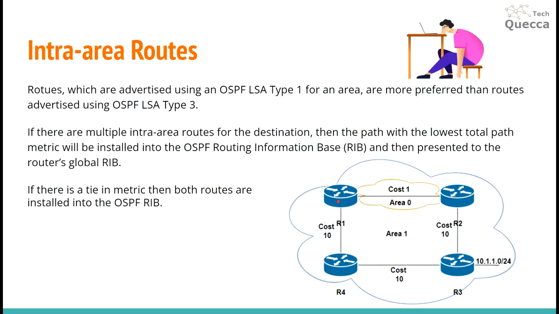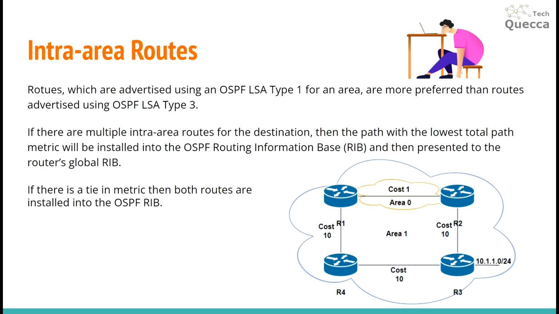So even though this route is much slower than this one, we will see it in the example. If there is a tie in metric, then both routes are installed into the OSPF routing information base.